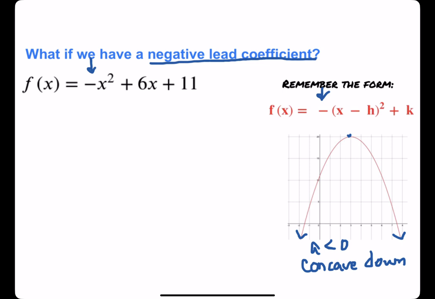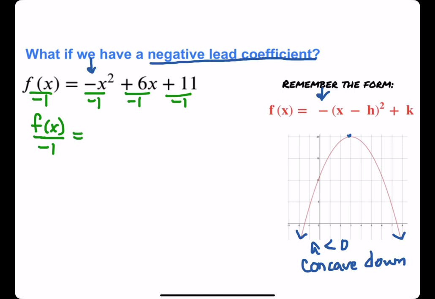Okay? But we do have a problem writing this in vertex form because in order to write it in vertex form, we need that lead coefficient to be 1. So what we're going to do is divide everything by -1 in order to get that lead coefficient to become +1. But since we have f of x and not 0, that -1 doesn't simply divide out. We have to preserve it.